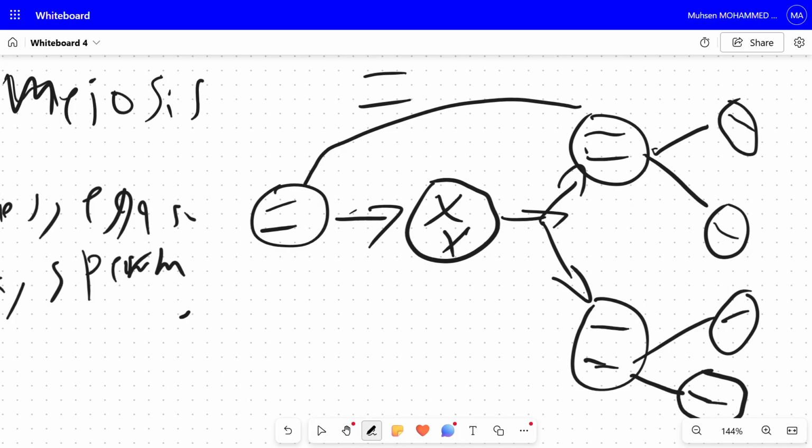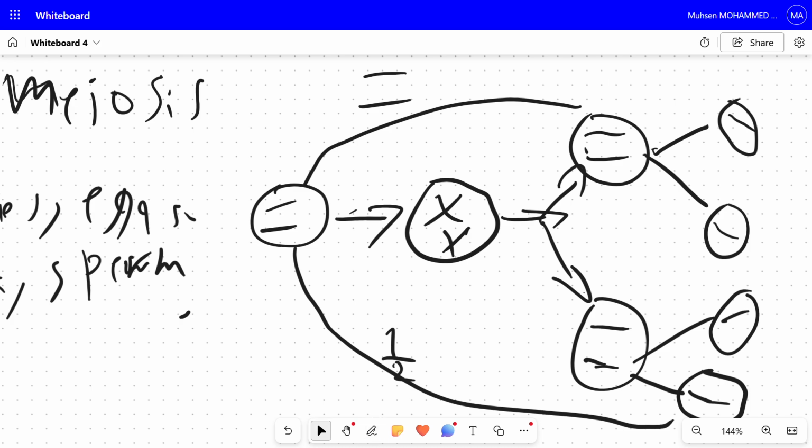This is why in sexual reproduction, half of the genes come from the mother and half come from the father. Because as we see, the original parent cell contains double the amount of chromosomes as the daughter cell, the final cell.